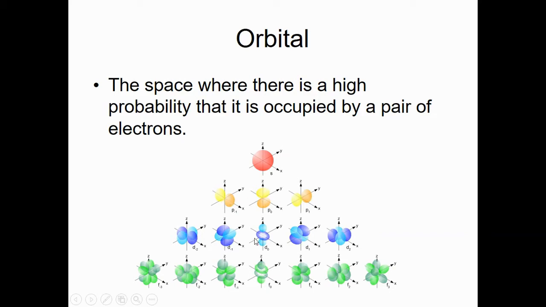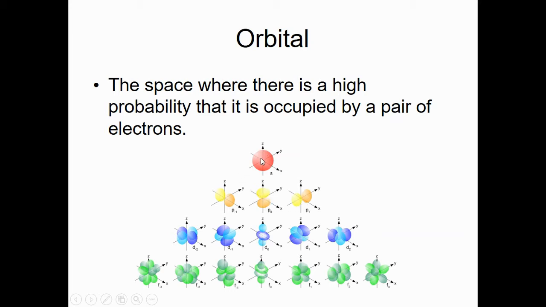Your d orbitals, of which you have 5, are complicated shapes, like four balloons tied together. There's 4 of those, and then there's one that looks like a dumbbell with a donut around it. But you have 5 of those, 2 electrons in each, for a total of 10 electrons. For the p orbitals, you have 3, 2 electrons each, for a total of 6 electrons.